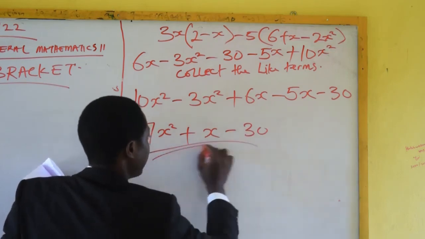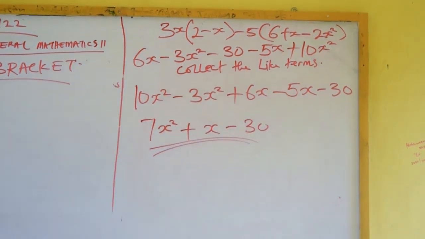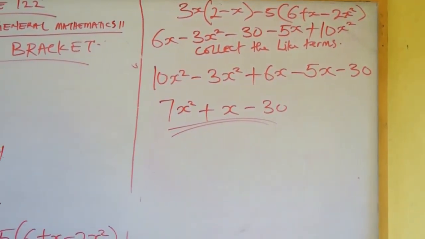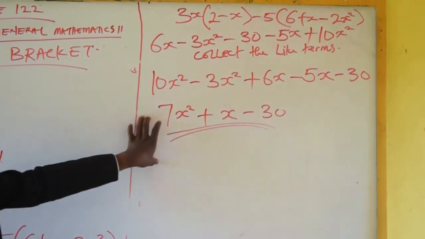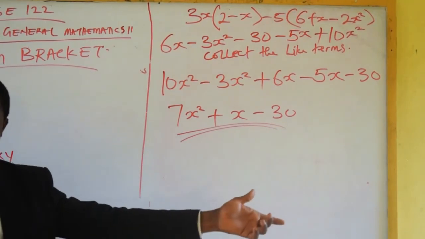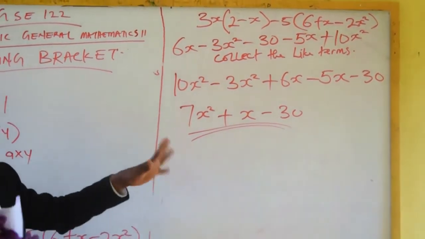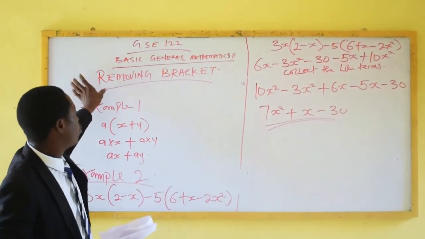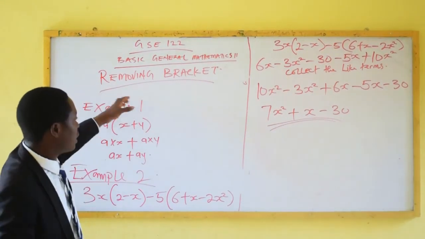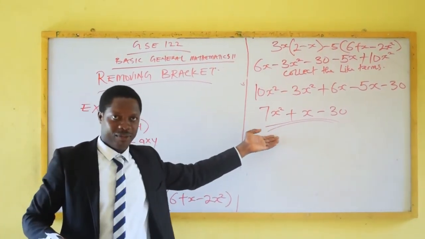That's the final answer, because at this junction, we are only asked to simplify to this point. As the class goes on, from this junction, we will have to simplify further. Then we start factorizing, but for the purpose of this, we are just to remove the bracket. And you will see there is no more bracket there. Good.